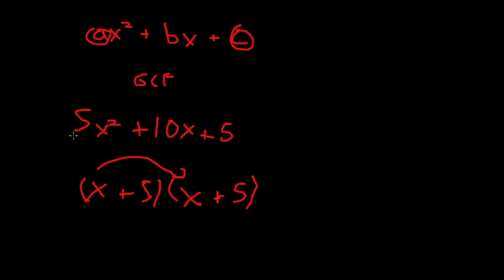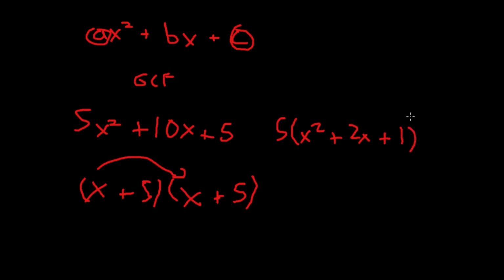And there actually is, 5. So if we divide all of this by 5, we get 5x squared, plus 2x. Or if you wanted to do this intuitively, you would divide 10x by 5 to get 2x. Divide 5 by 5 to get 1.